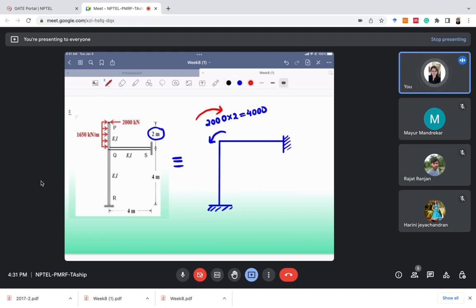The value of the moment will be force into distance. Total force will be 1650. It's a UDL, so value of UDL into length, that is 2. And it is acting at the CG of this loading, and the distance from Q is 1 meter.